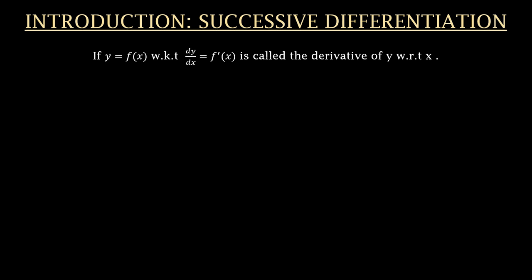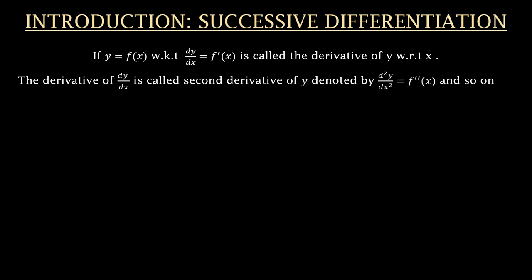As you are already familiar with differentiation, successive differentiation is nothing but differentiating a function successively to derive its higher order derivatives. Suppose a function y is equal to f of x is given to you. Find the corresponding first order, second order and third order derivatives of the function and observe the pattern in them.